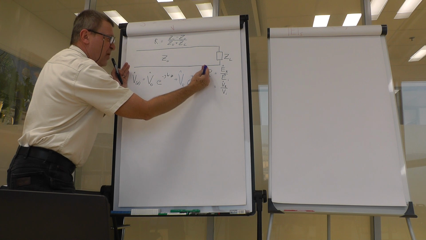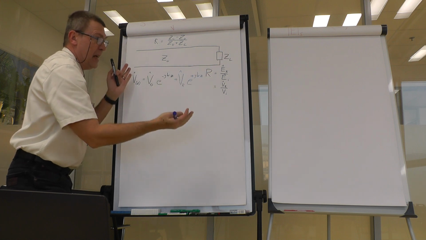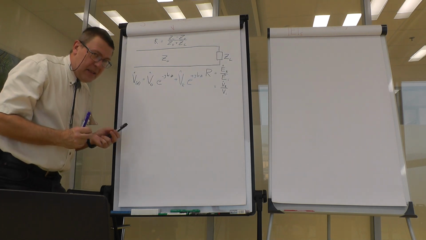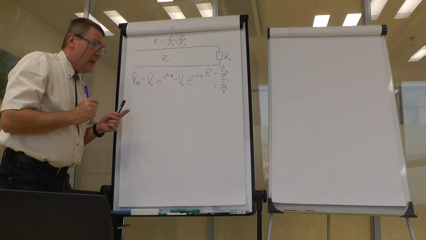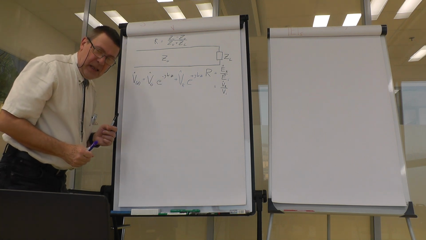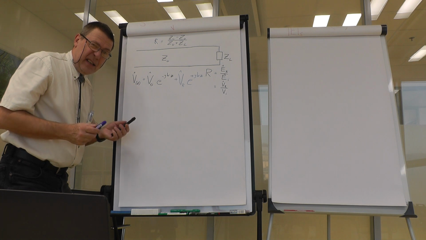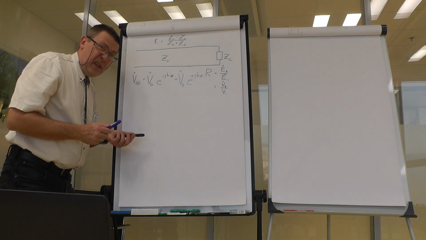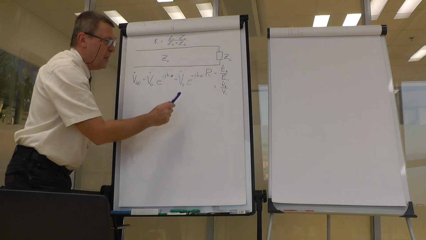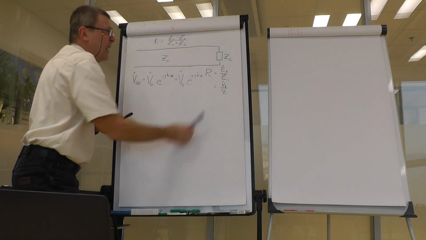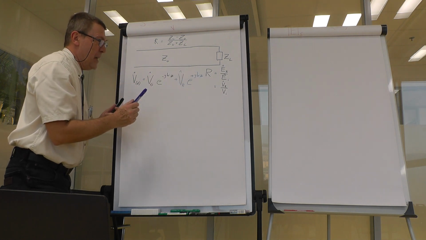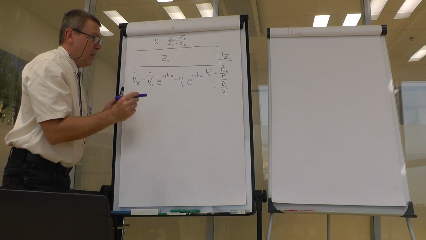Those two waves could travel along that line, but this is not yet the case of a reflection at the end, or it is the case, but we can tell more. In fact, one of those two voltages can be selected as unknown, and the other one is given by the reflection. So if we know the terminating impedance and the impedance of the line, then we have a little bit different situation.